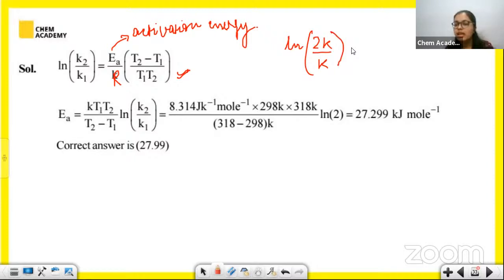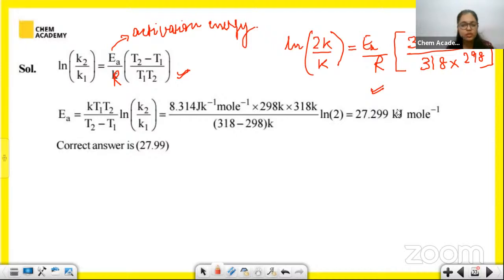So it is actually T2 minus T1 means minus 298 divided by 318 into 298. And you can further solve it by putting in the values. This is how to solve this question.